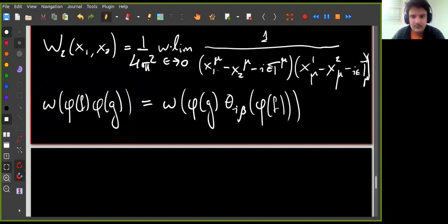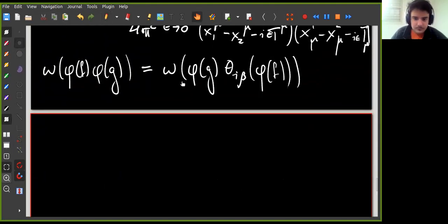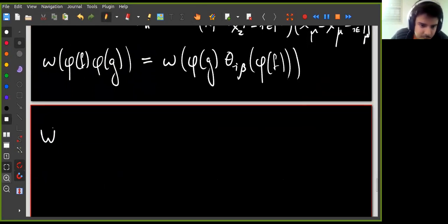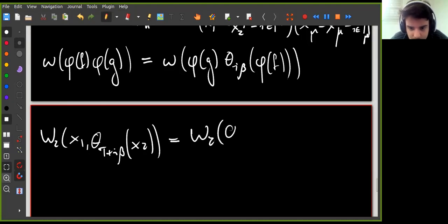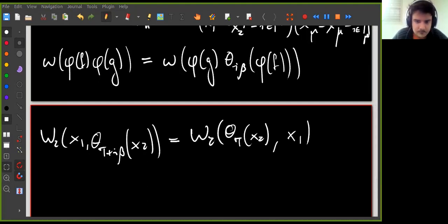So if you write this in terms of the r and eta coordinates, you will be able to show that W2 of x1, theta t plus i v x2 equals W2 of theta tau x2, x1. Is it? Yes.